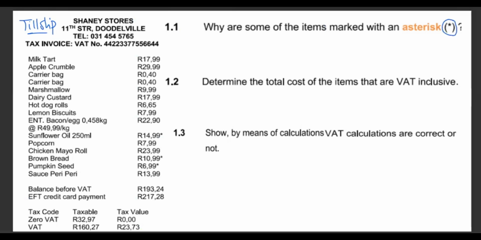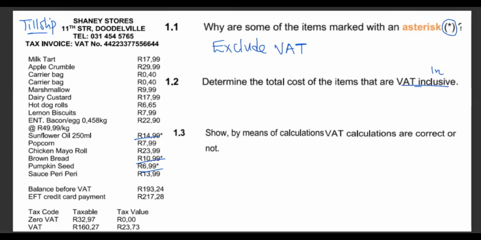These items exclude VAT. They don't have VAT on them. Then they're asking us to determine the total cost of the items that are VAT inclusive. These are the ones without asterisks.